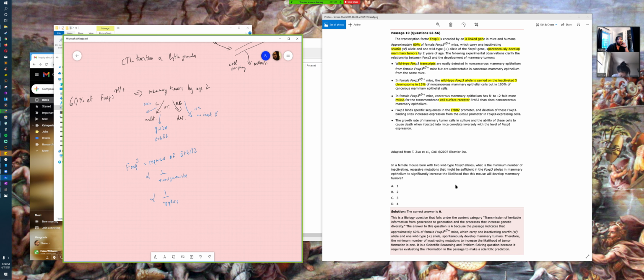Okay, so if this is recessive, you're going to need 2 of them. You're going to need it on both in order for it to actually work.